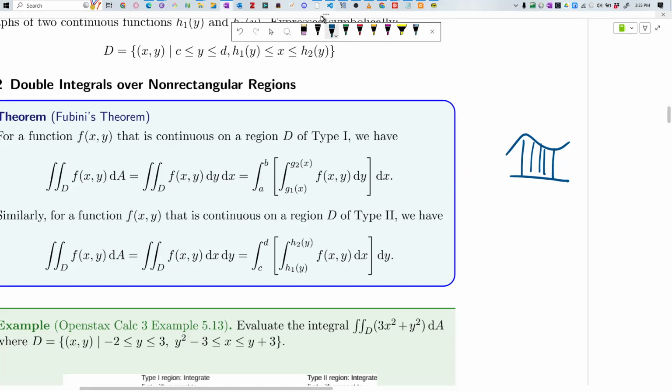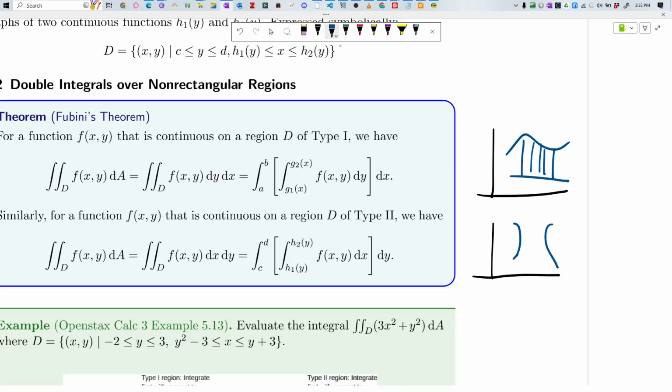Whereas for a region of type 2, you have a function like this, and maybe a function like that, and you have cutoffs like here and there, and then the way you sweep is you'd sweep in that direction, but then for the x's you go this way.